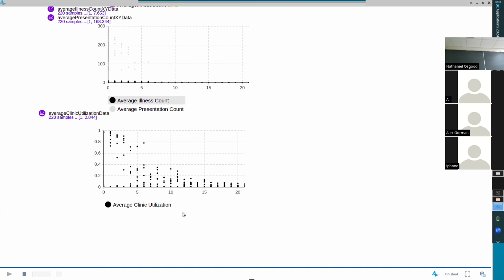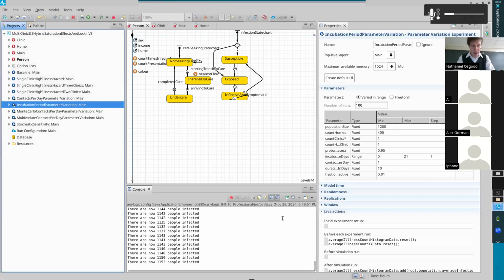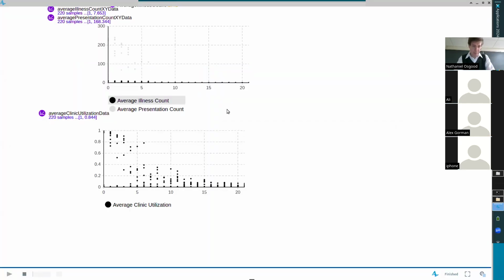But you'll notice the clinic utilization is actually rather higher if they have a short incubation period. It's a short time for them to start getting infected. This is something which requires some thinking to tease through, and we'll talk about it a little bit more next time.